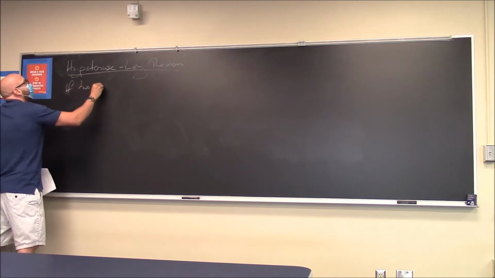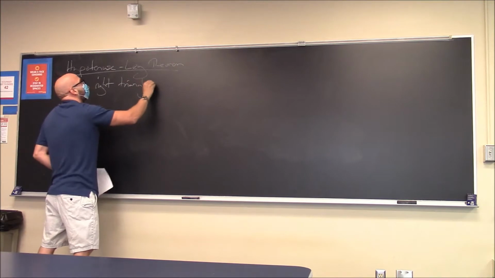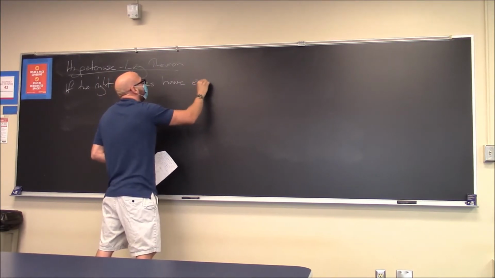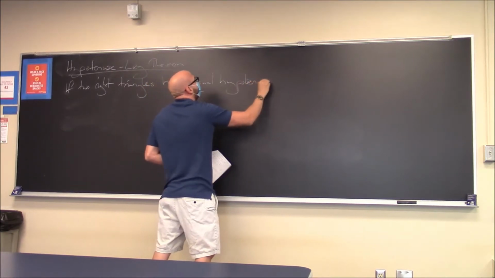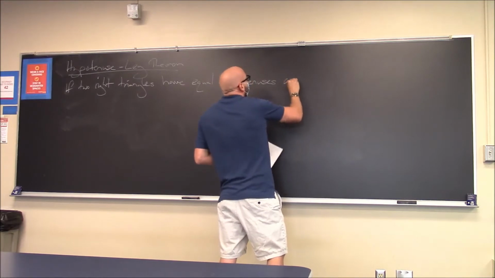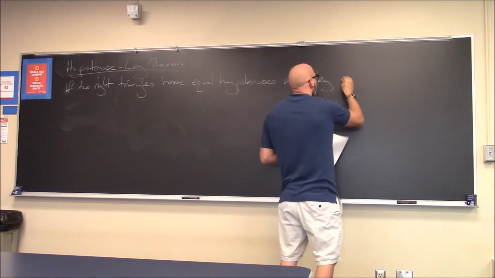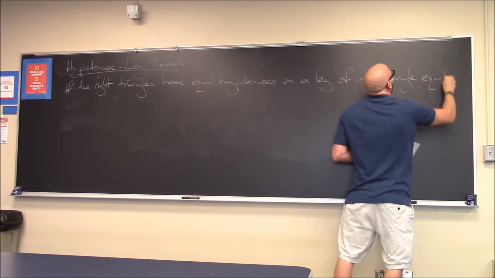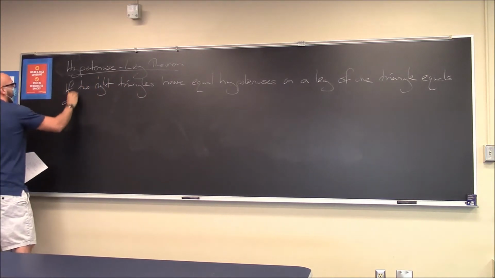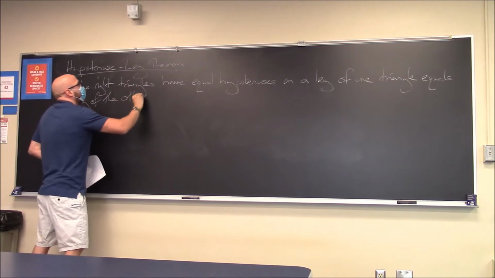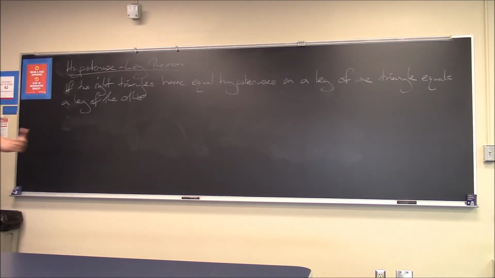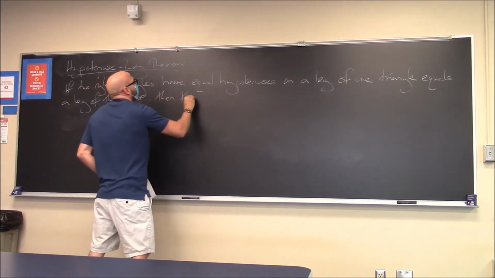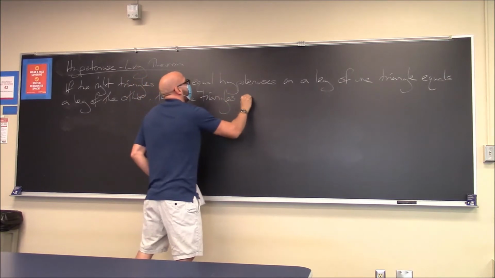And it says the following. It says if two right triangles have hypotenuses of equal length, so equal hypotenuses, and a leg of one triangle equals a leg of another, again, being a little bit lazy with the language here, when I say a leg is equal to another one, I mean its measure, right, its length, is equal to a leg of the other, then the triangles are congruent.